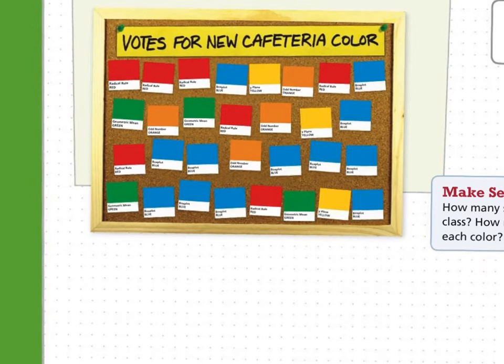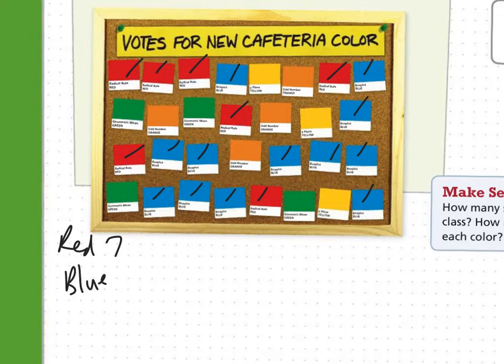So if you look at these, some of these colors will maybe jump out at you a little bit. It looks like we got a lot of red votes here first. So there end up being 7 red votes. Blue's got quite a bit also. Actually, blue has 12. And the other ones don't have so many.